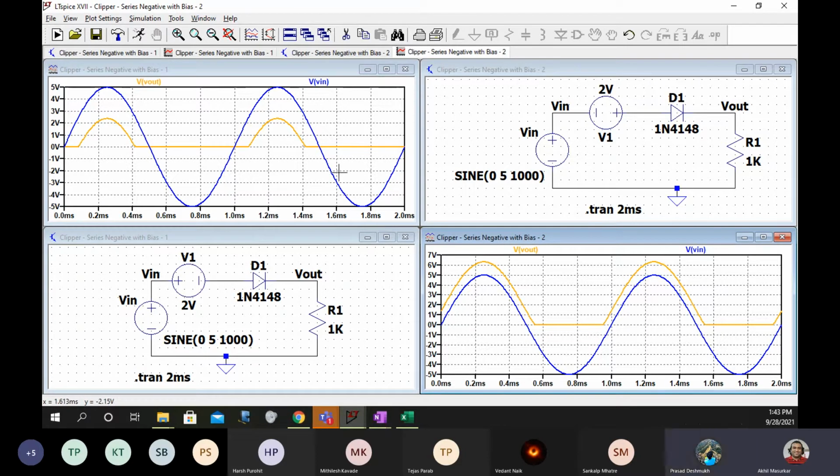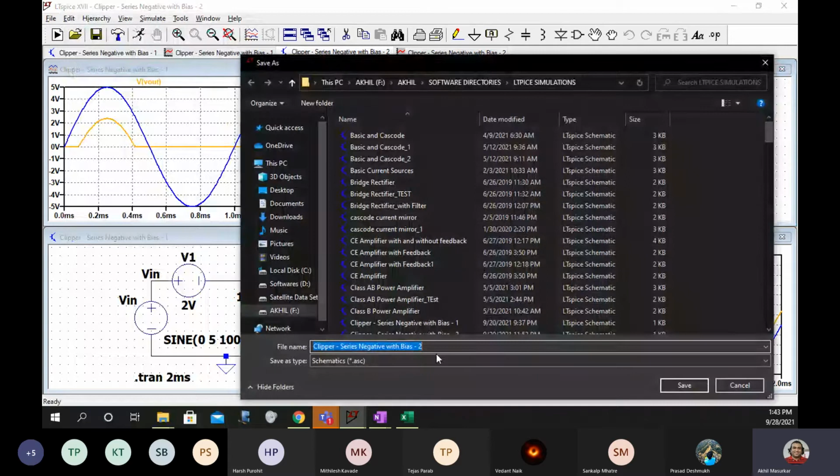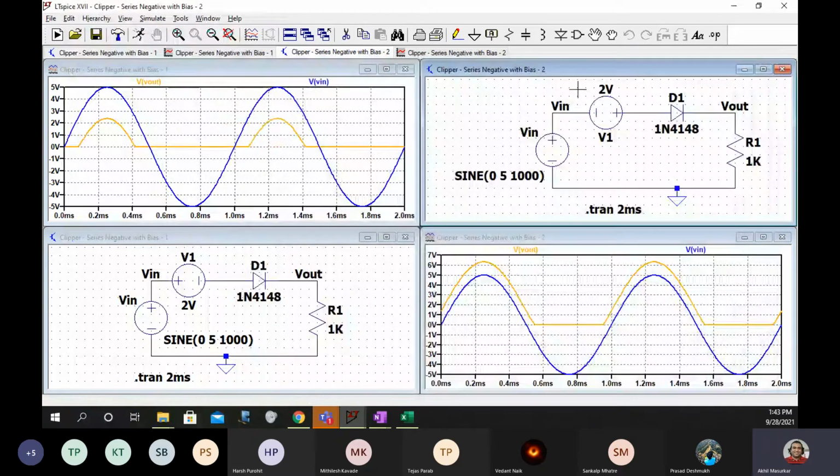Hello, sir. Yes, Prasad. Sir, how can we copy the whole circuit? You cannot copy the whole circuit, but what you can do is go here, File, Save As, save with a different name, and then add something in that new circuit.